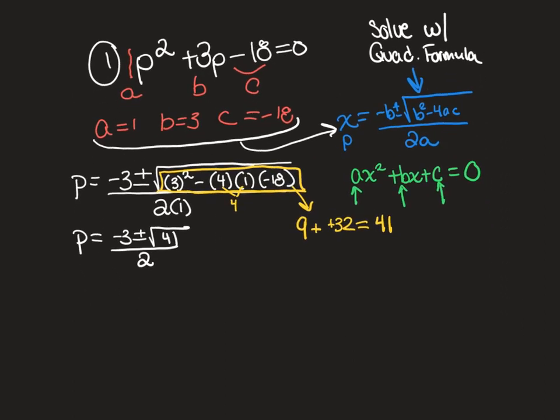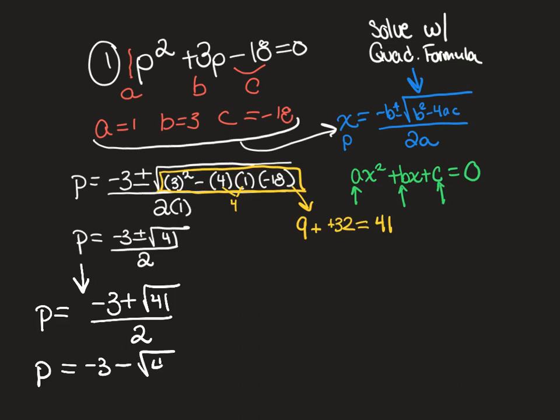And so what we're going to type on our calculator is the following. We're not going to type the p equals, but I'm going to write it down. So we're going to write p equals, and then you would type in your calculator, negative 3 plus the square root of 41 all over 2. And your other answer is going to be p equals negative 3, and then we do the minus sign, minus the square root of 41 all over 2.